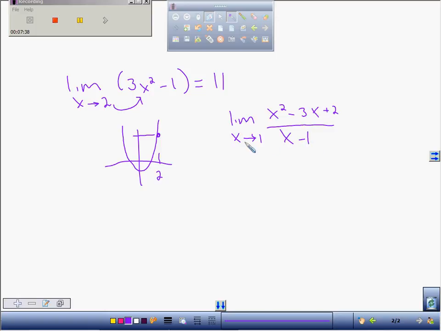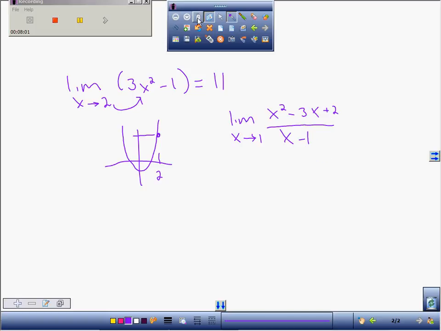What happens if I just try to plug 1 in here? I get a 0 in the denominator, so you would say, well, this doesn't have any limit, but it does have a limit because even though it's undefined exactly at 1, there's some value that it's approaching as you get to 1. Now, there's a way to see that on your calculator, and there's a way to do it algebraically.